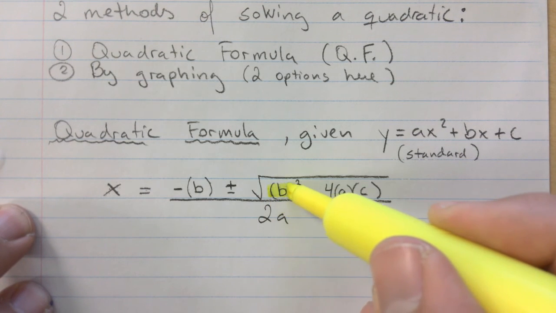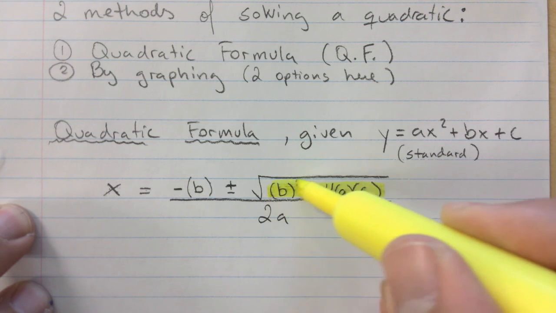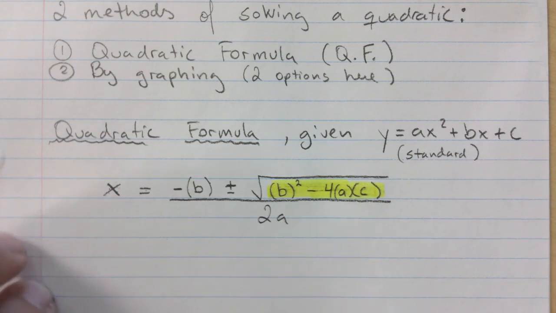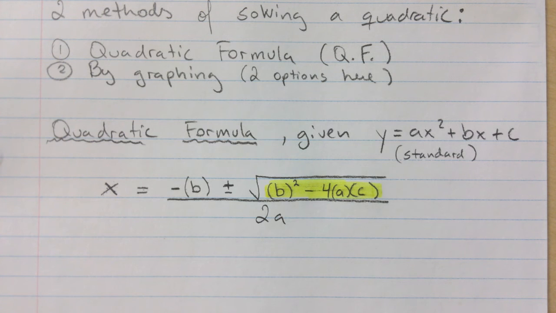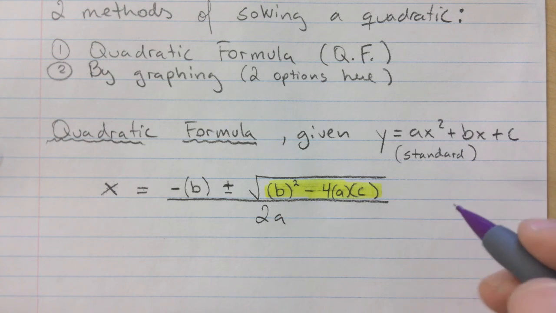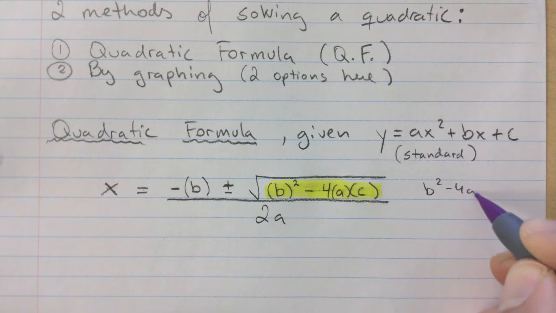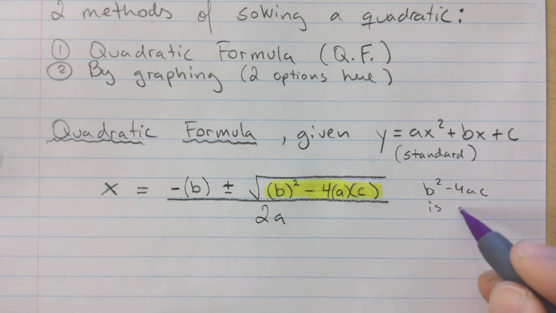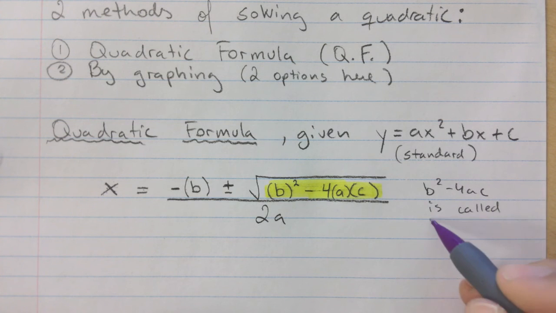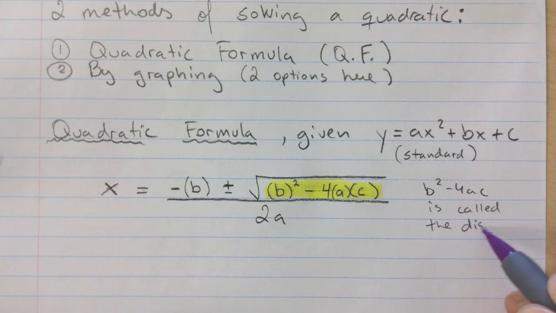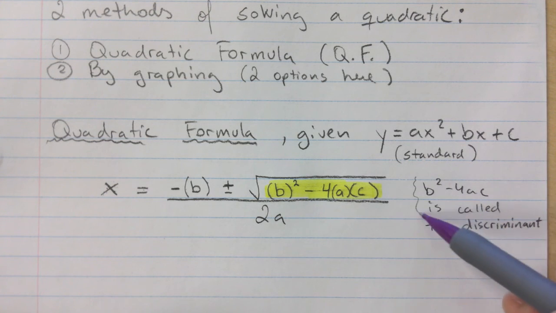This section right here is called the discriminant. So b squared minus 4ac is called the discriminant. It's a little aside here.